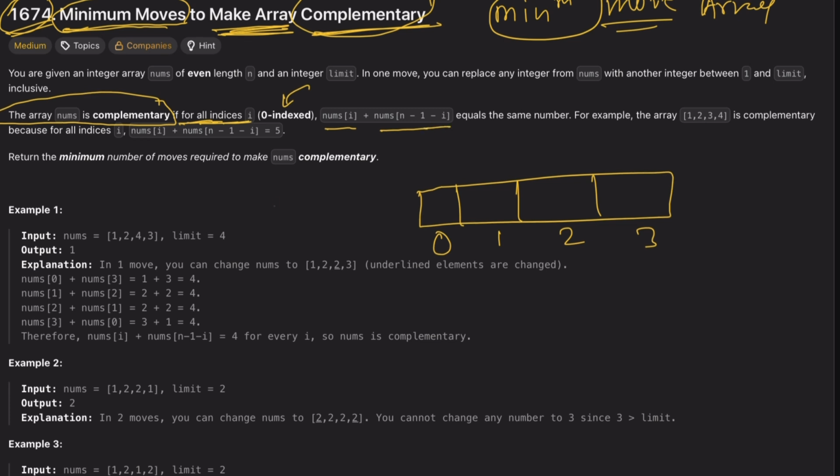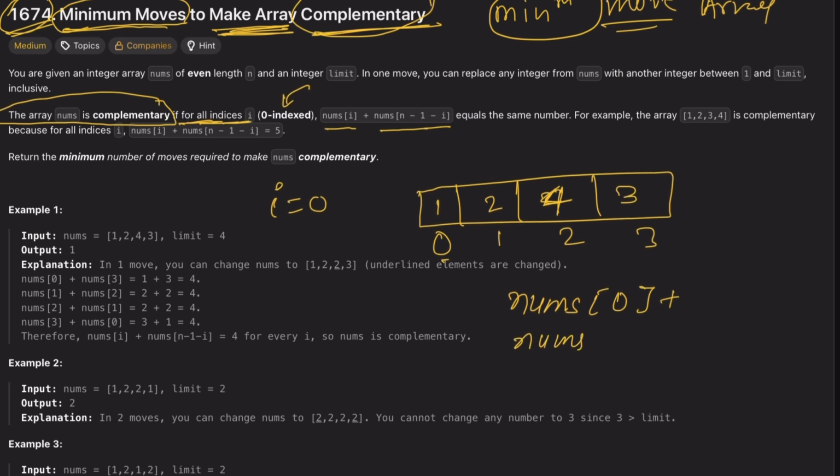So nums at i, where i is 0. For instance, let's suppose we have the elements 1 2 4 3. These are the elements we have, and in this case i is 0. So nums at i is 0, and the length we have is 4. 0 1 2 3 4 means 4 elements.